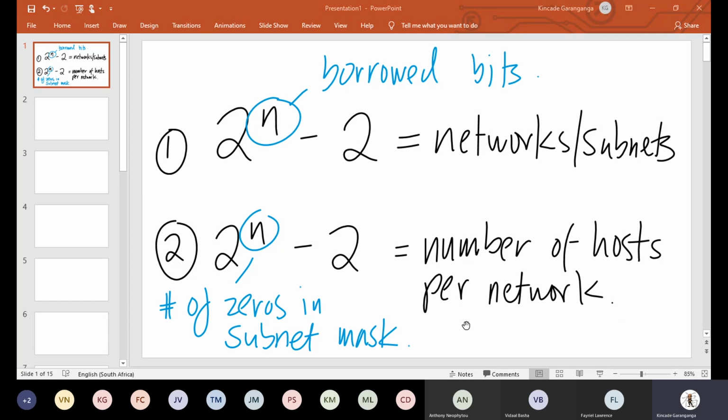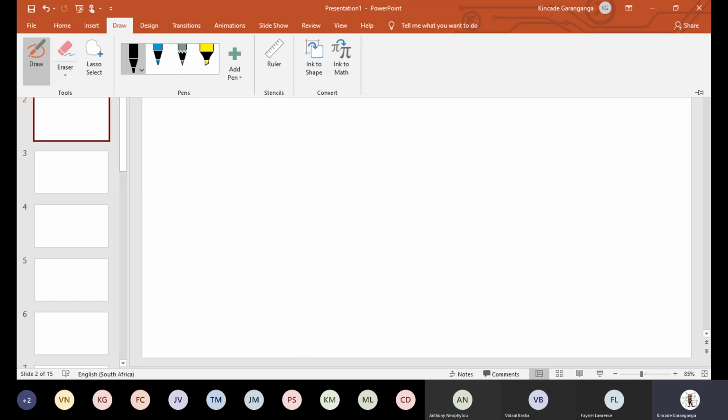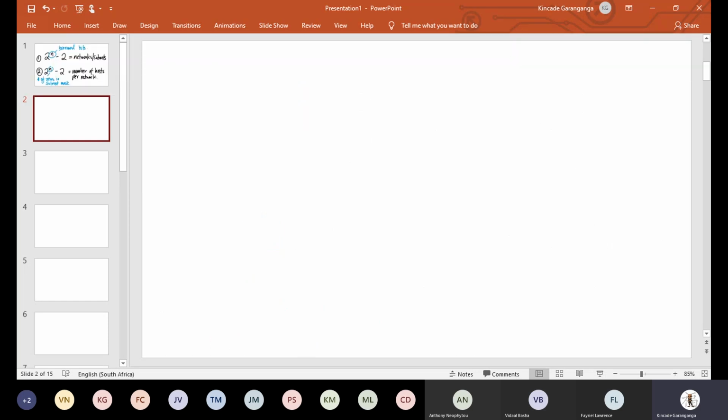Remember, we've mentioned that our subnets are going to be 6. So we're now using the first formula, because we're looking at subnets and networks. It's going to be 2 to the power n minus 2 equivalent to 6. Naturally, if we make 2 to the power n the subject of the formula, we can then solve for n.